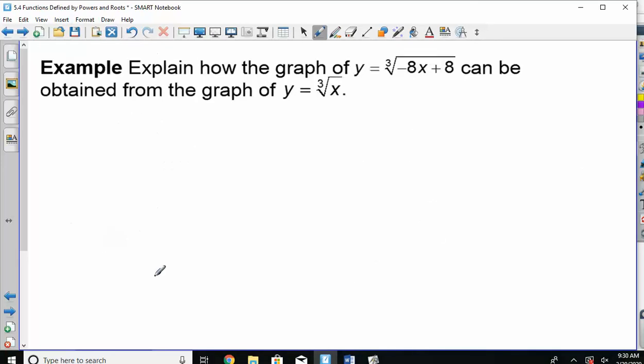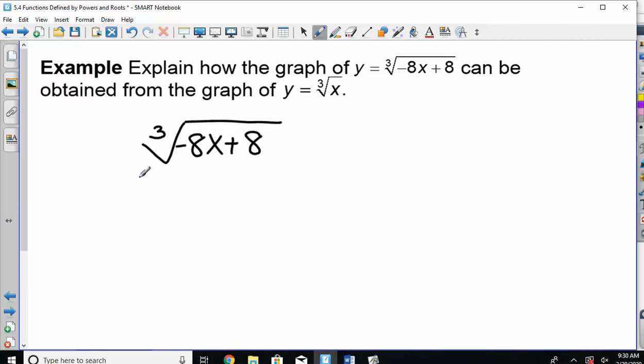Okay, last one. This one is a cube root instead of a square root, but same principle, our transformations don't change. We start with the cube root of negative 8x plus 8.